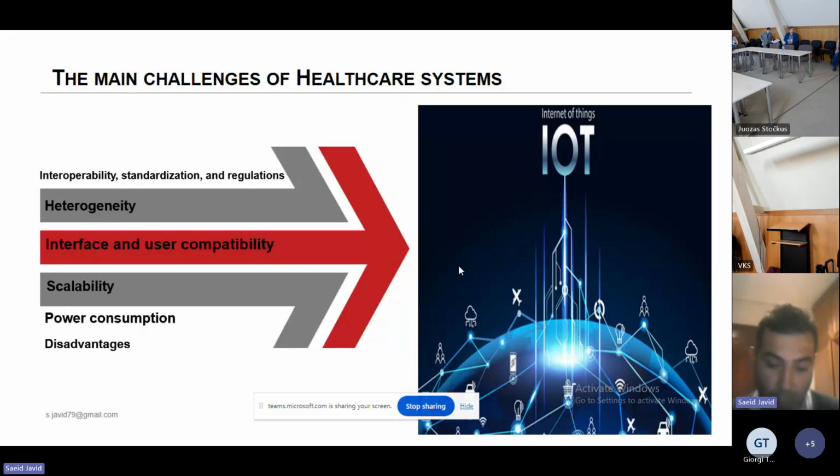Heterogeneity. IoT healthcare applications require a wide range of contextual data which are up to date through various heterogeneity sources.